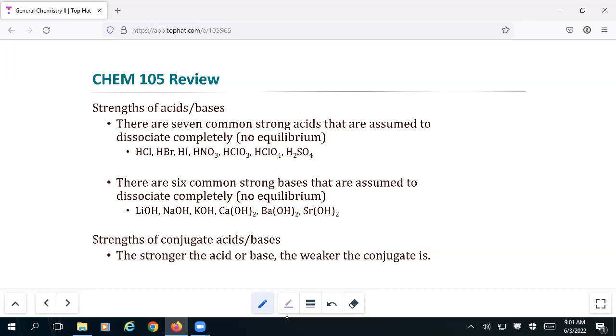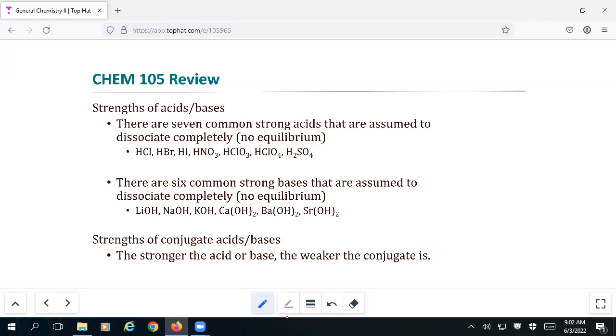Now, these substances all have conjugate acids or conjugate bases. But we have to remember that the inverse relationship that exists basically tells us that the stronger the acid is, the weaker its conjugate is going to be.